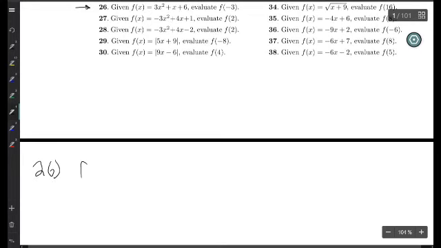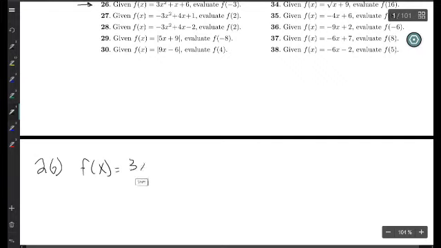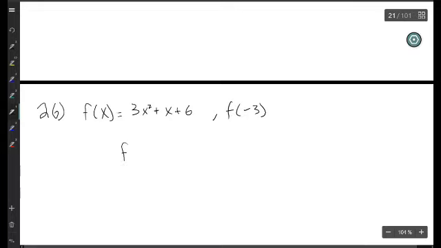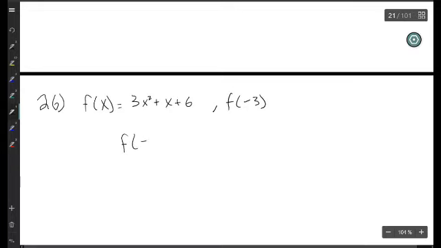So that's f of x equals 3x squared plus x plus 6. F of -3 is 3 times negative 3 squared plus negative 3 plus 6.